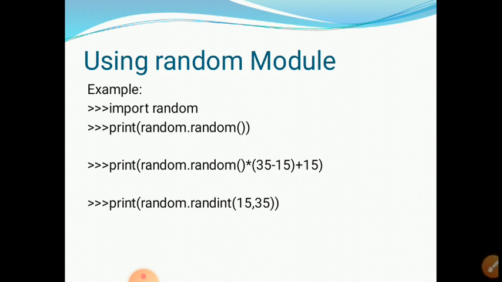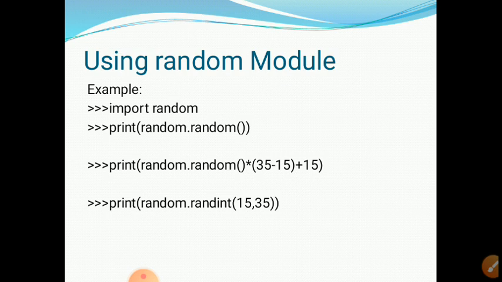Okay, now next, if we are passing some arguments as a lower and upper limit, to generate a random floating number between the lower and upper limit, we multiply random by the difference of the upper limit and lower limit, and add the lower limit.